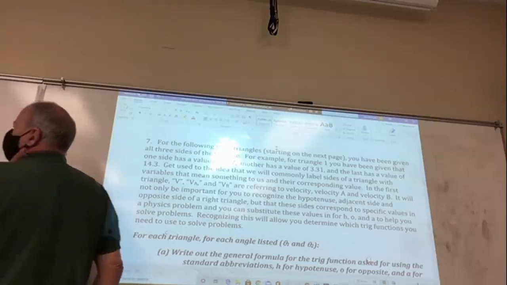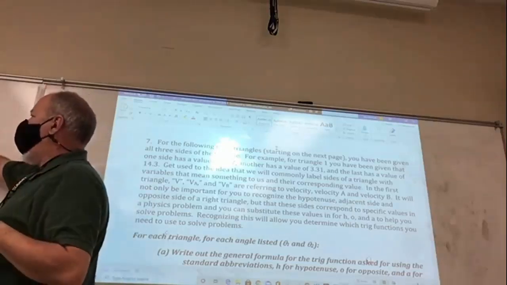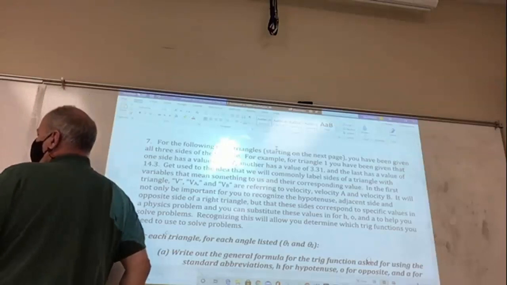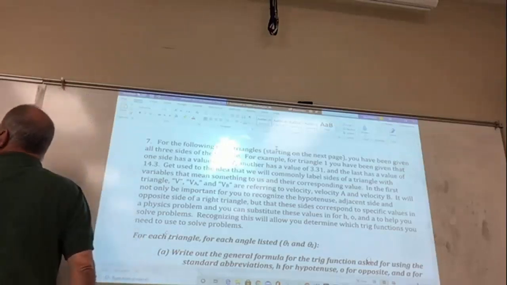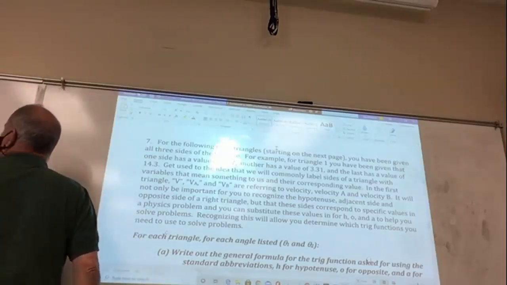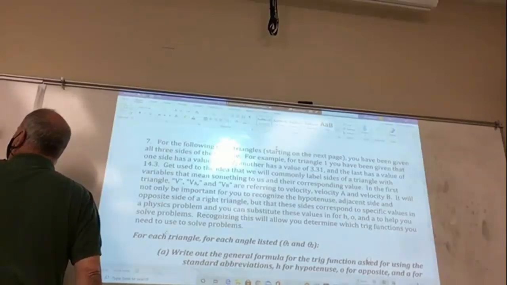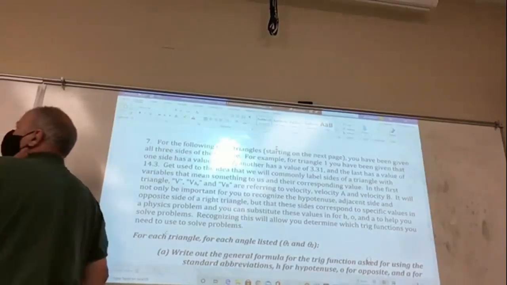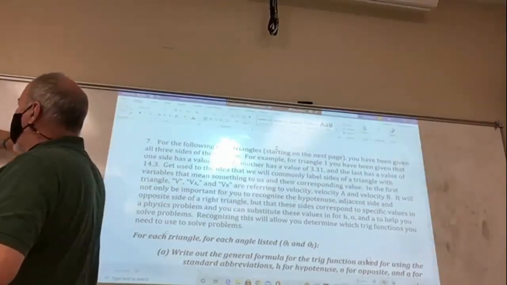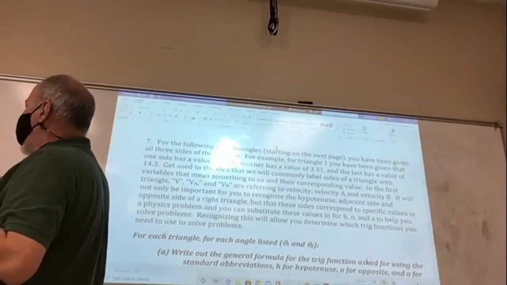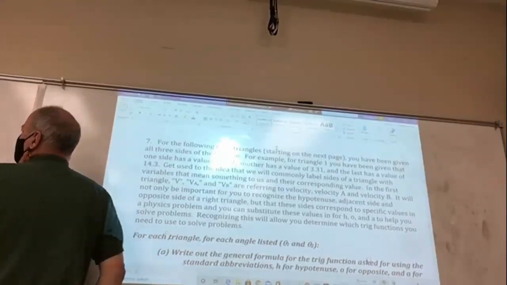We're going to say that that's the velocity A. And then remember that the wind was in this direction, and we're going to call that velocity B, and we're going to say that's 20 meters per second. So that's what I mean when I say that we're going to label these things with labels that mean something to us.